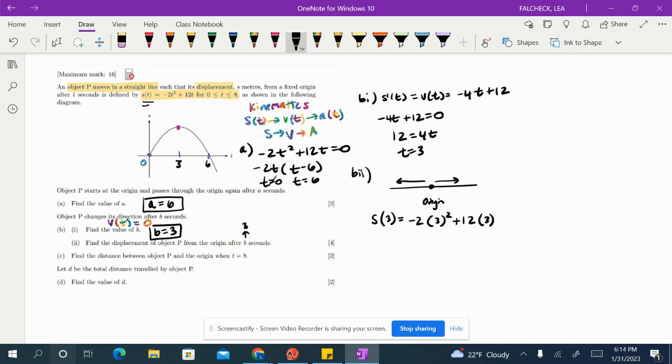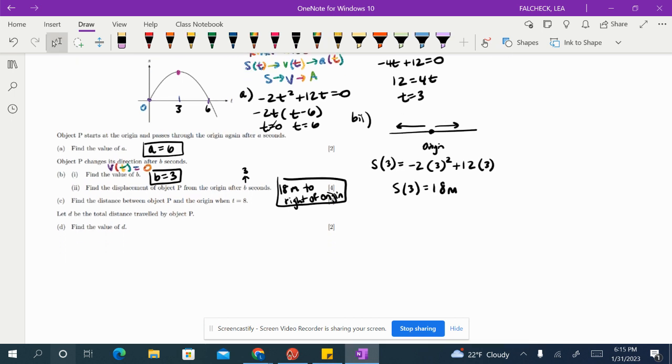So it's going to be negative 18 plus 36. So I'm going to get S of 3 is equal to 18. That means that after 3 seconds, this object is going to be 18 meters to the right of the origin. So that's going to be our answer for that.